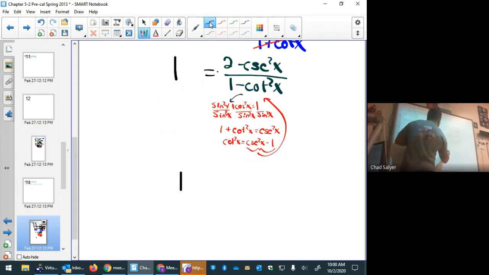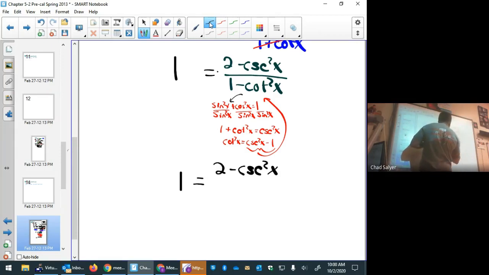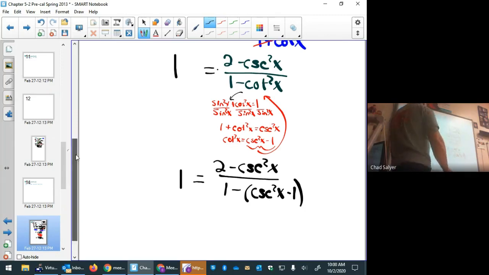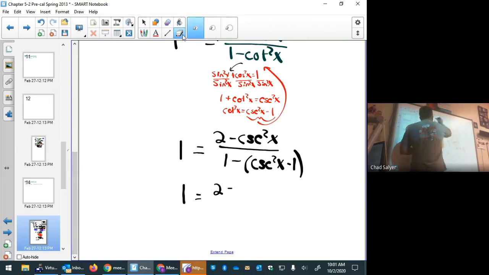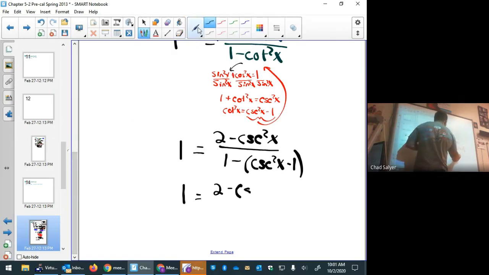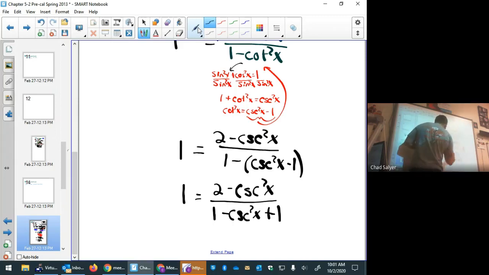All right, so 1 equals 2 minus cosecant squared x, and then we're going to plug in cosecant squared x minus 1 here. So 1 equals 2 minus cosecant squared x over 1 minus cosecant squared x plus 1. The negative distributes there.